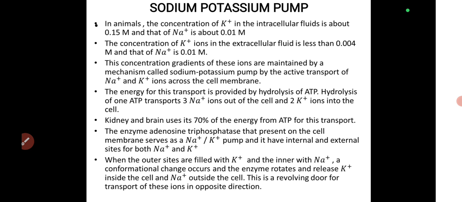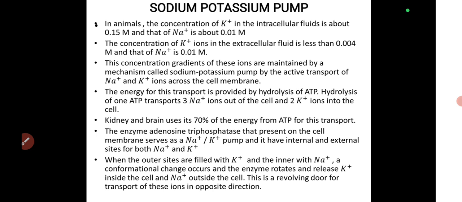So the sodium potassium pump works against the concentration gradient. The concentration gradients of these ions are maintained by a mechanism called the sodium potassium pump, by the active transport of Na plus and K plus ions across the cell membrane.